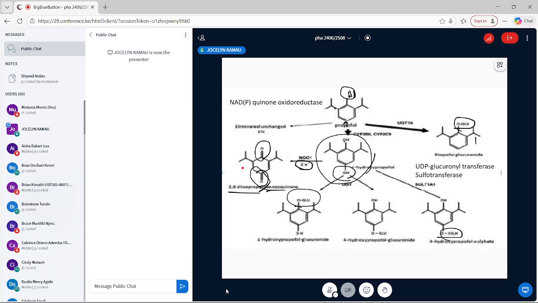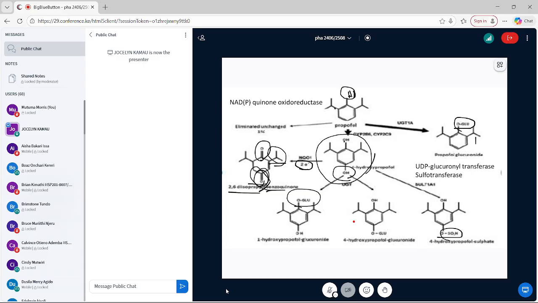Although this group here is helping a little bit because it is pushing electrons in, the quinone, as we mentioned when we looked at the metabolite in paracetamol which causes the toxicity, it was actually a quinone. So that is the metabolism of propofol.